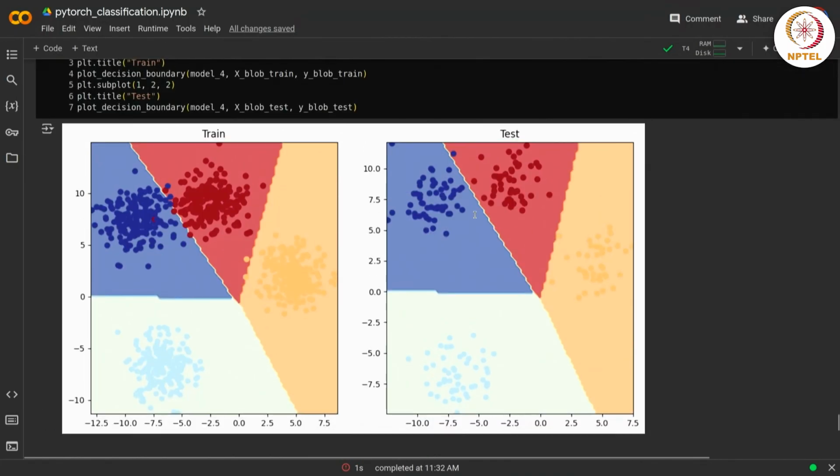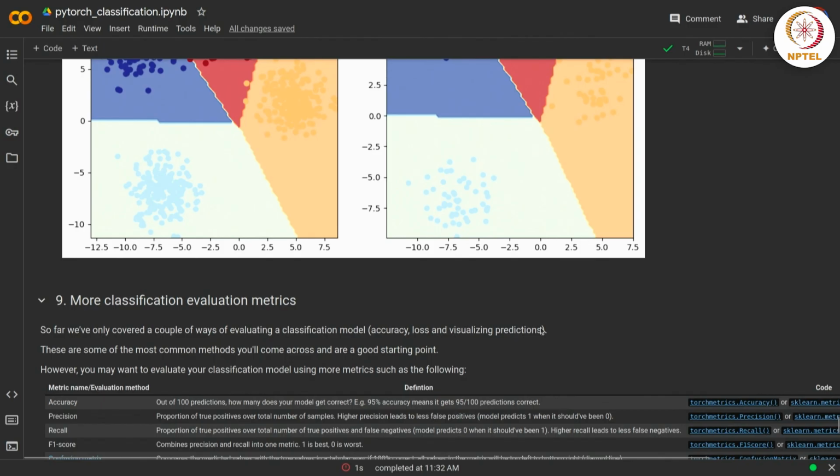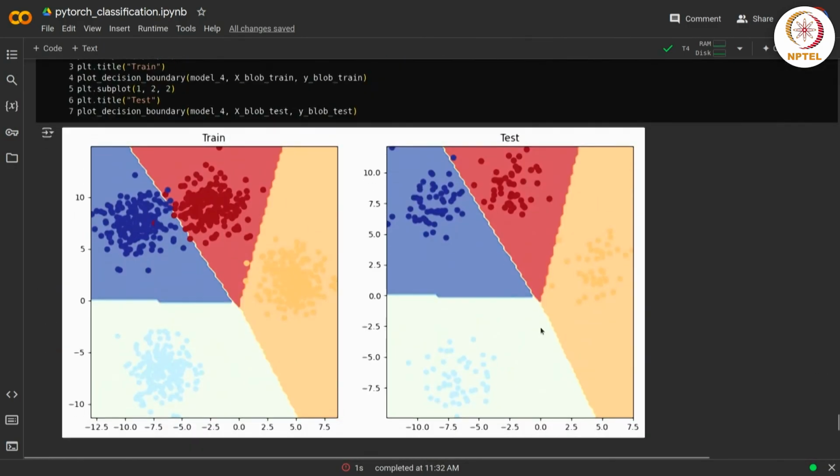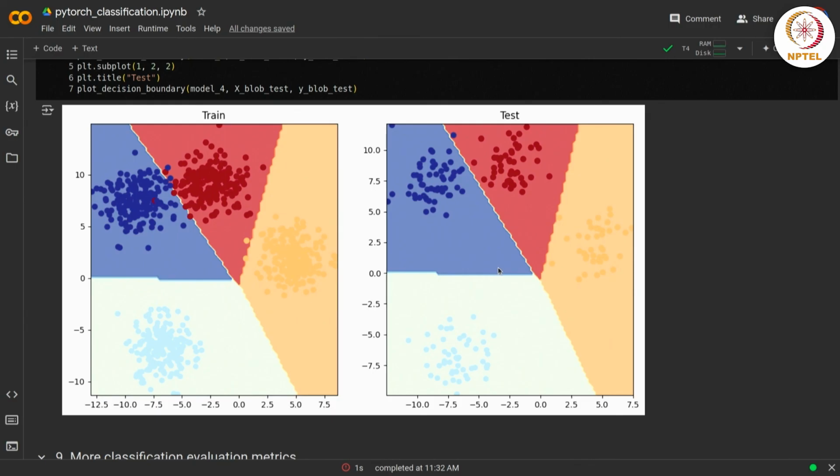Let's visualize it similar to the way that we did before. This is the train and this is the test, and you can see that these linear layers are quite good at distinguishing this data. So while this is multi-class classification, even by learning these linear decision boundaries, or a combination of them, you can train a network to distinguish between these 4 classes, and it does not really require any non-linearity by design.